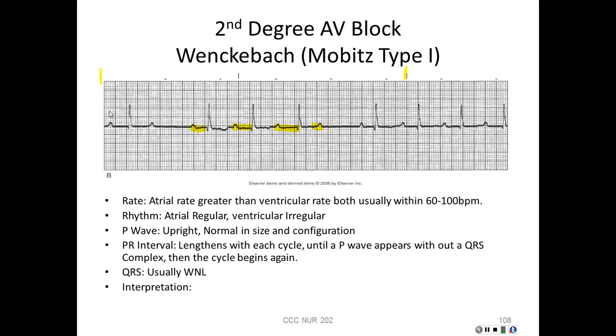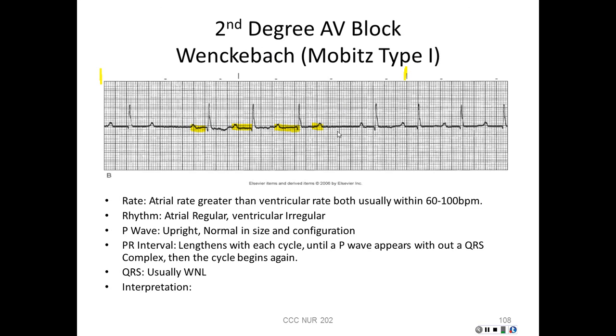If you march out the atrial rhythm, it's actually going to be regular. So with Mobitz type 1, ventricular rhythm irregular, atrial rhythm regular. Increasing PR interval until a QRS is dropped.